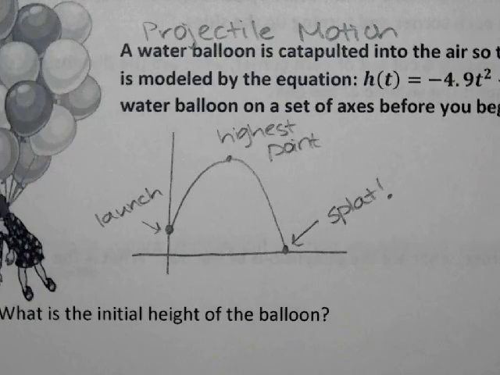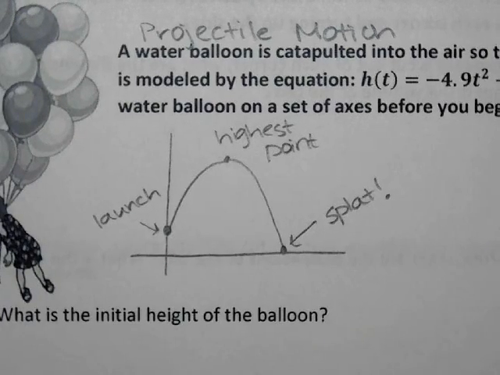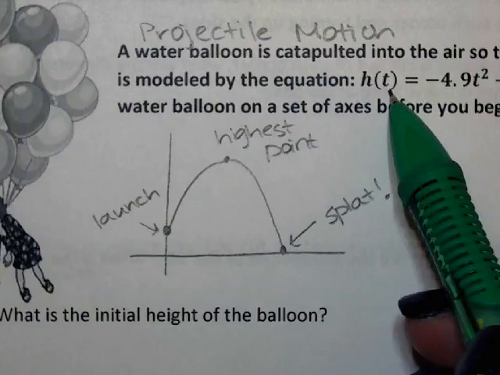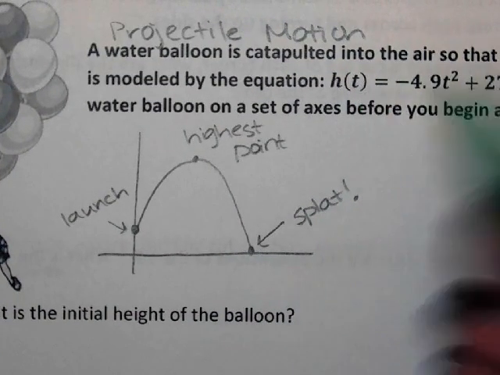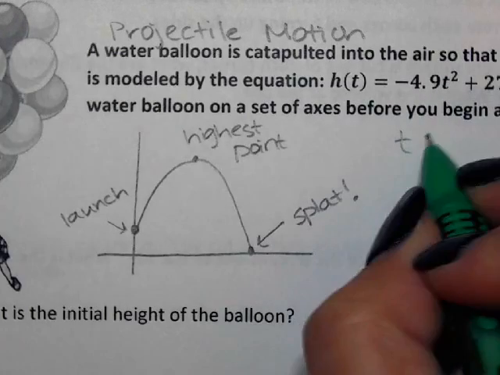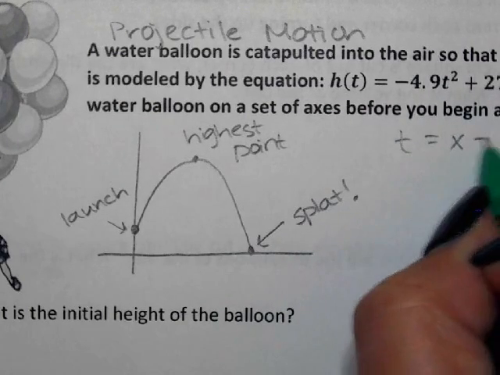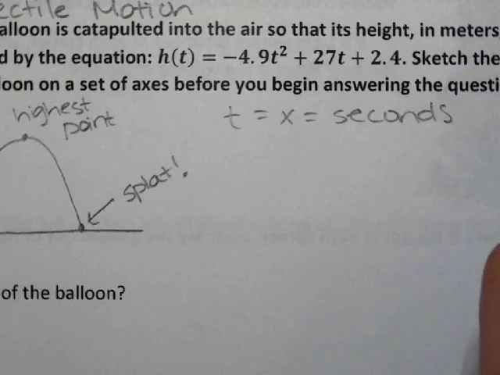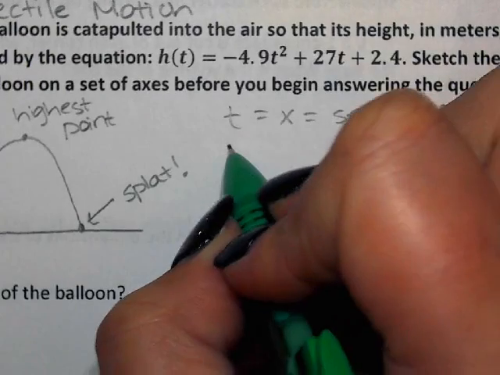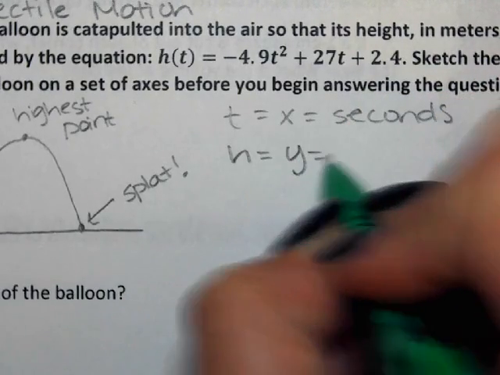They told us, so our input, they're not using X's and Y's here, they're using T's. So I'm going to say that T is what we normally think of as X's, and they're using seconds. So T, they're using where we normally would put an X, and they're using seconds. H is where we normally put a Y, and they're using height in meters.